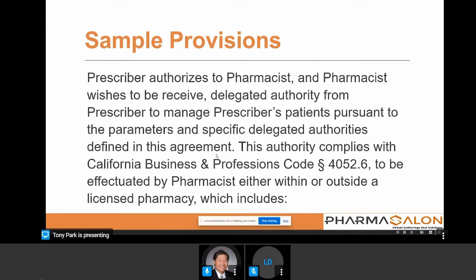This authority complies with California BMP section 405.2.6, to be effectuated by pharmacists either inside or outside of a licensed pharmacy. I think this brings up a good point: most of the dispensing happens within the four walls of a licensed pharmacy, but by no means, at least in California, are you as a pharmacist restricted to doing these delegated authorities only within the four walls of a pharmacy.